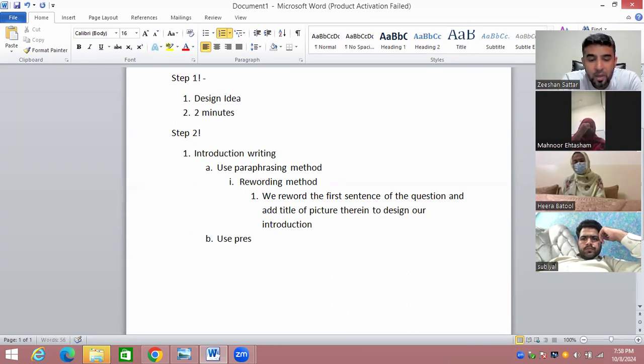Number 2, use present tense throughout the introduction. So while designing the introduction, use the present tense. Do not use the past tense even if the data is older. It is not a problem.